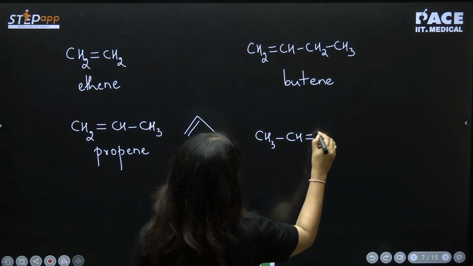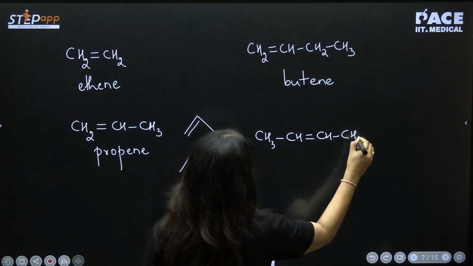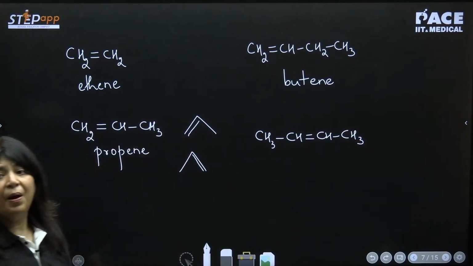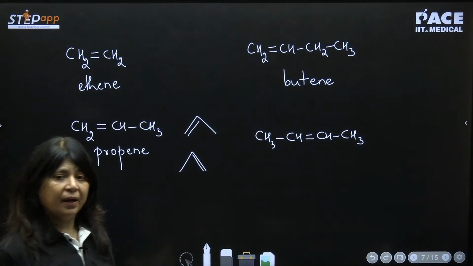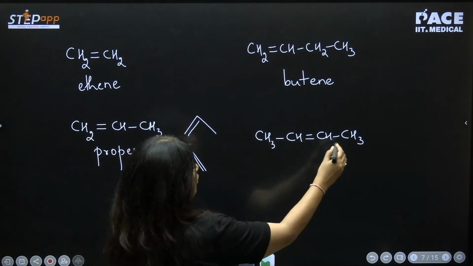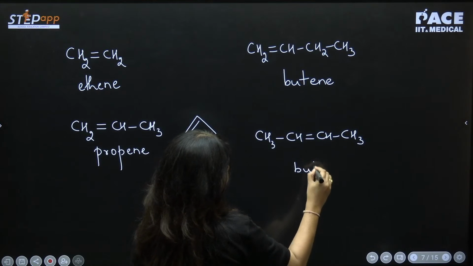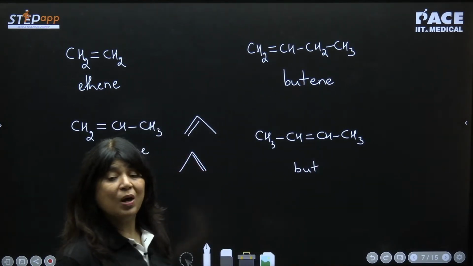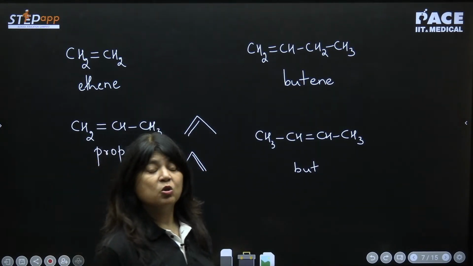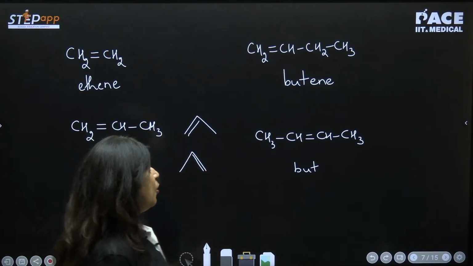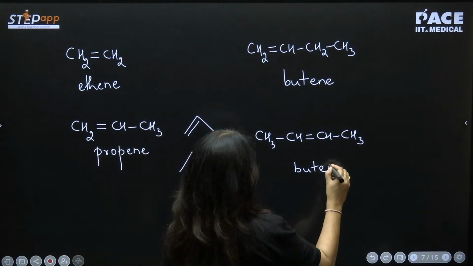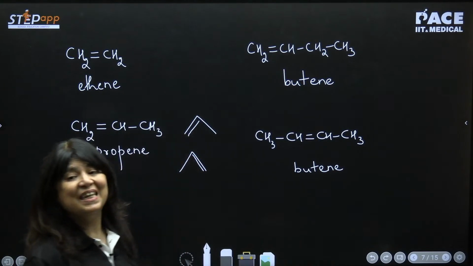what if I take this compound? This compound also has 4 carbon atoms. So the root word I'm going to place here is but. This compound also has a carbon-carbon double bond. So the primary suffix I'm going to add here is "-ene".